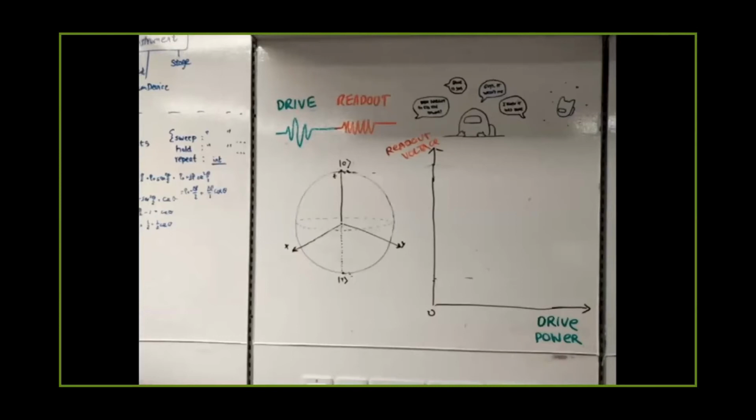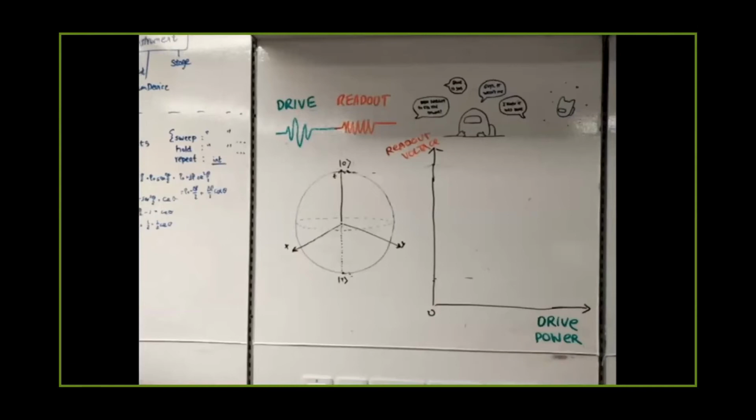The drive pulse is tuned to the qubit's frequency, and we keep the duration of the pulse constant while changing the power of the pulse. What the drive pulse does is it rotates the qubit away from the ground state. The higher the power of the pulse, the more the qubit rotates away from the ground state.